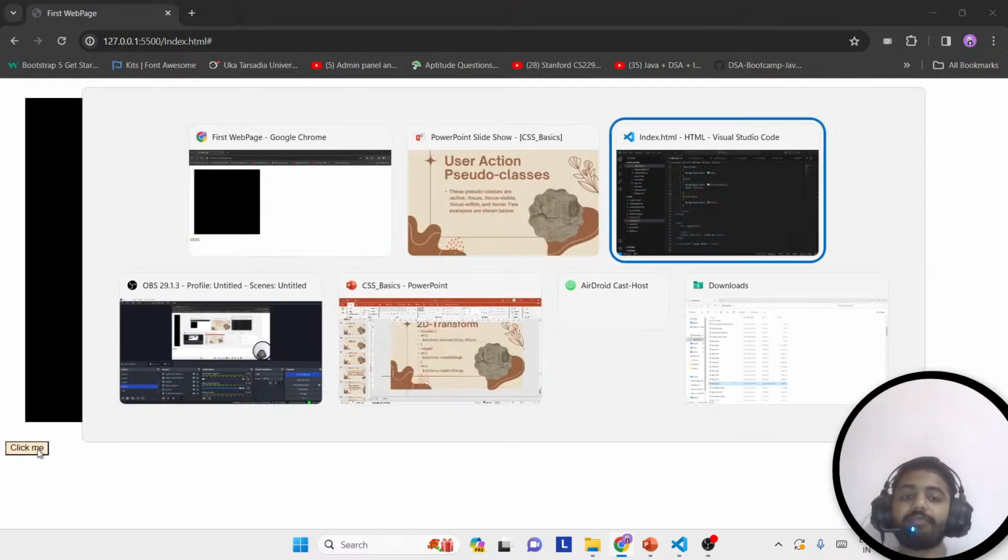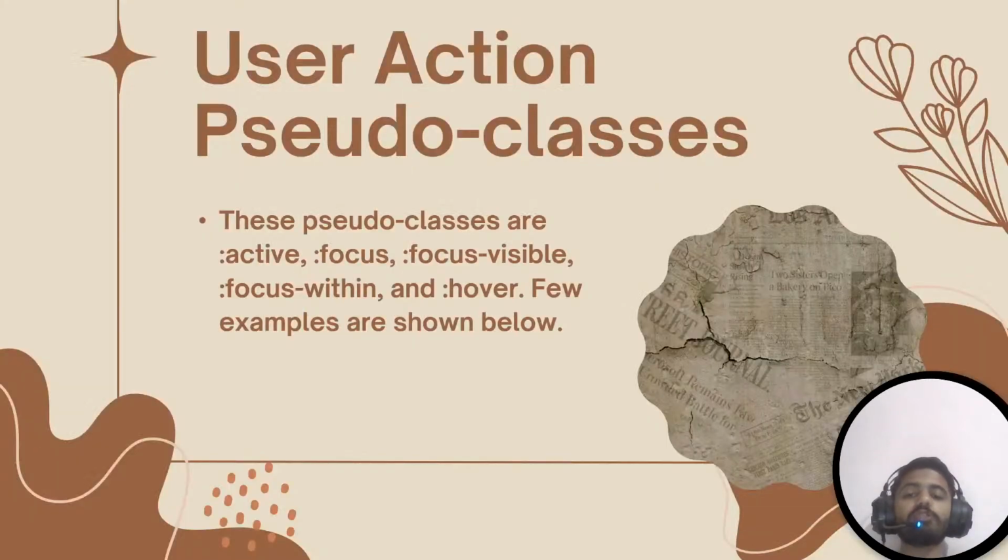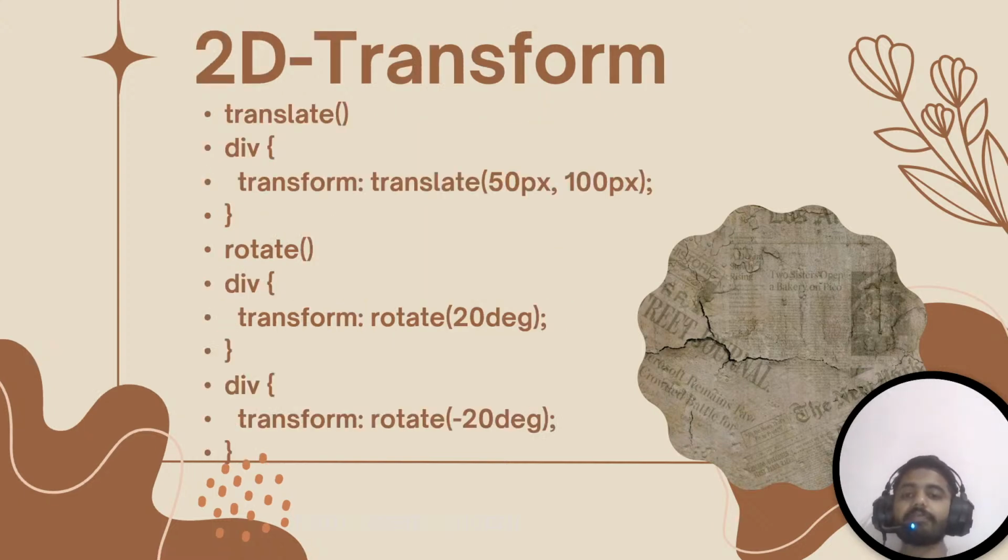So as soon as you click it, it will change its color. Correct? So click outside one more time and then click it again. So this is your focus property. Correct? So as the same, you can also use focus within. We use it with forms when we want to change the color or background or styles of some form input tags, but it is not much often used, correct?